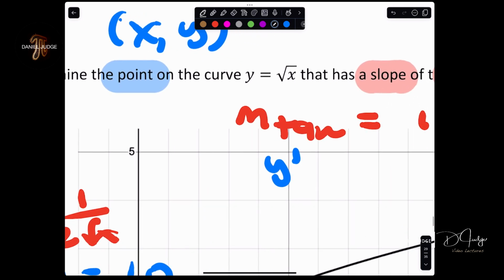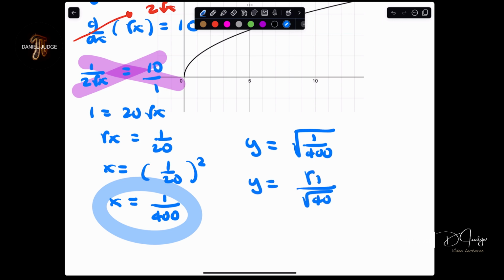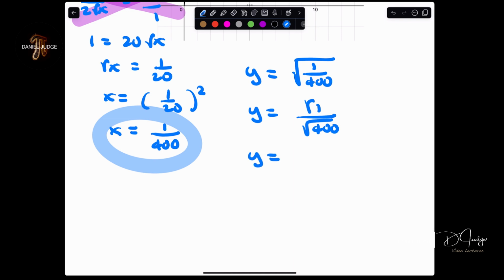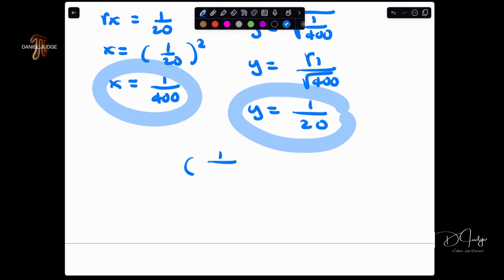So y is the square root of x. So I have to take the square root of 1 over 400. By properties of radicals or square roots, it's 1 over 20, I guess. It's the y coordinate. Yeah, I guess so. So here's the point. Literally, it's a point on the curve: 1 over 400, 1 over 20. That's the x and y coordinate values for this point here.